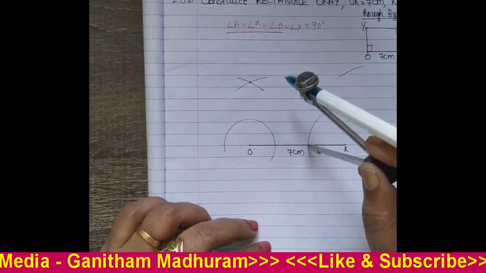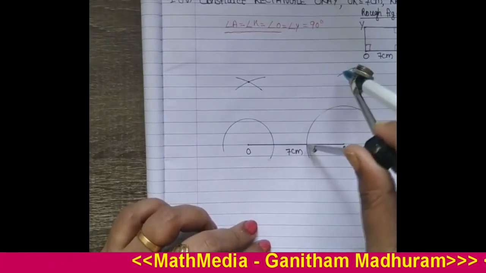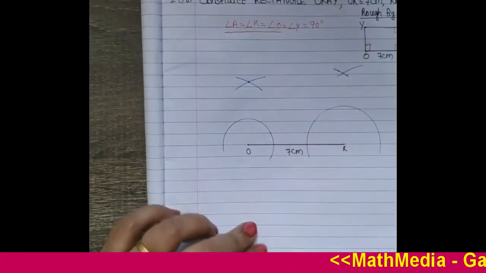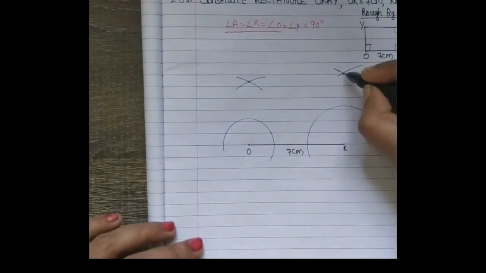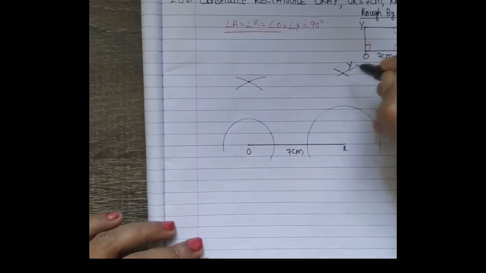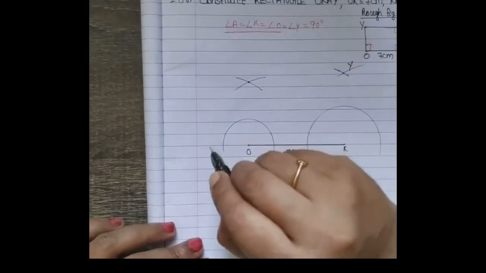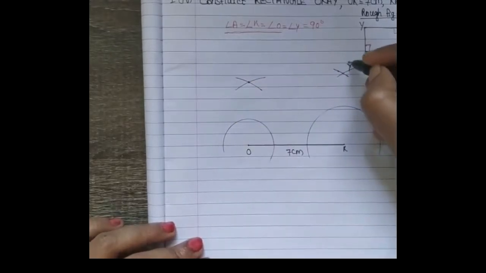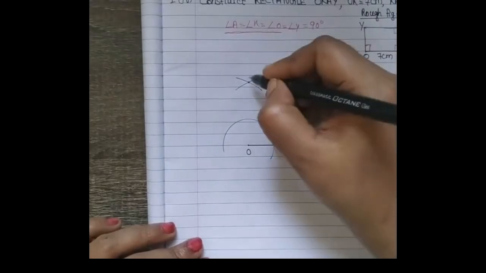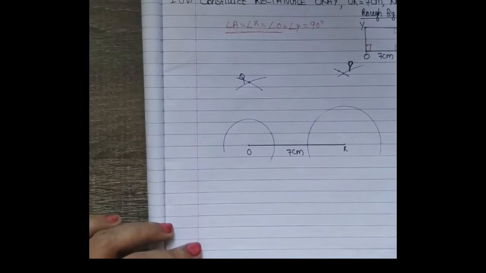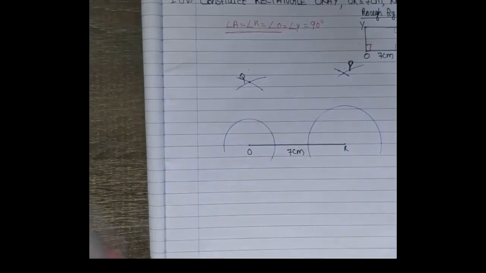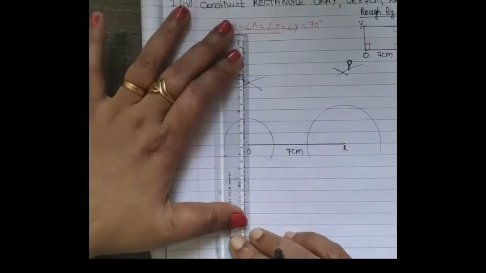And now with the same radius and center here, mark a point here. Now mark the point of intersection. Here already Y is there, so give it as P, and here we can mark it as Q. Now we have to join KP and OQ.